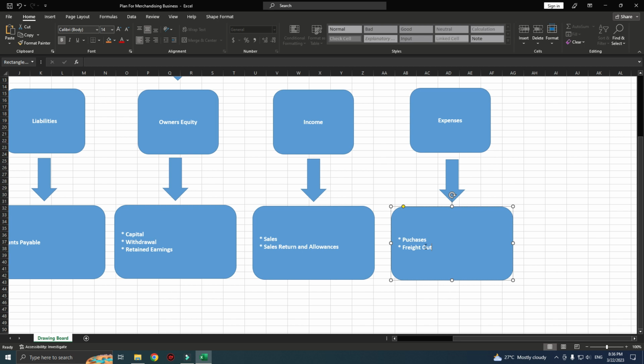It could also be oil or gas and fuel. We also have water, utilities expense.